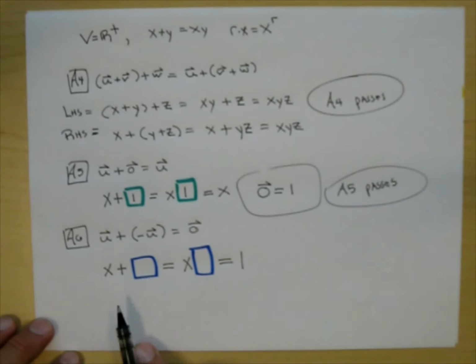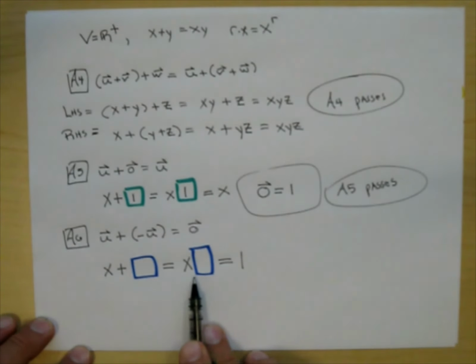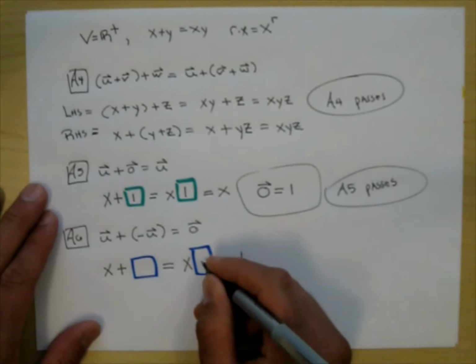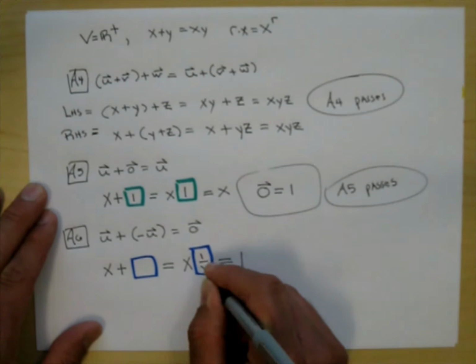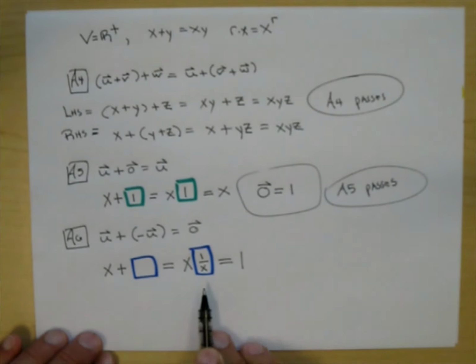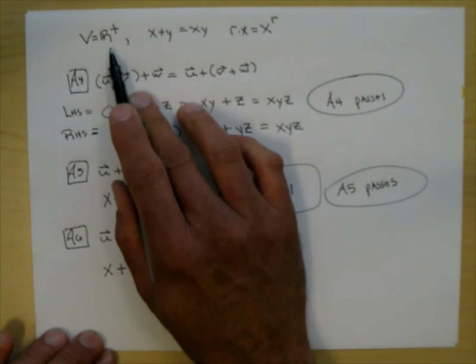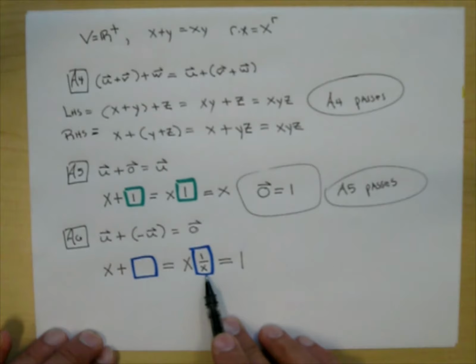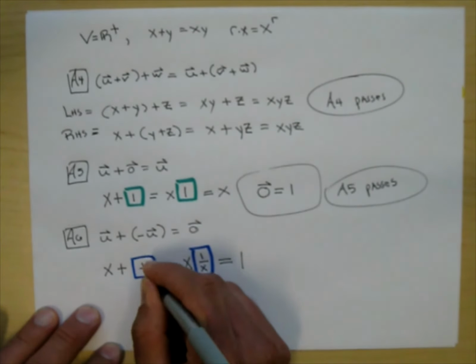So think about this. If you have a positive real number, what could you put right here that would work? Well, I'd say 1 over x. And it's not undefined. I mean, 0 is not in this set, and that works out. So 1 over x.